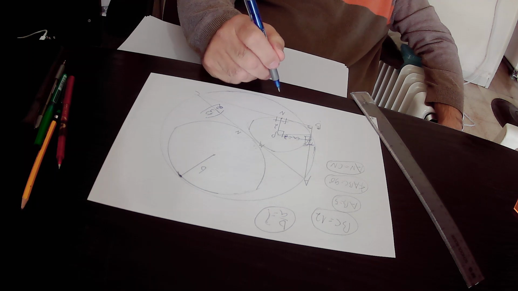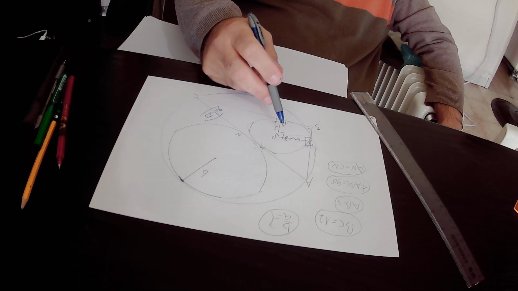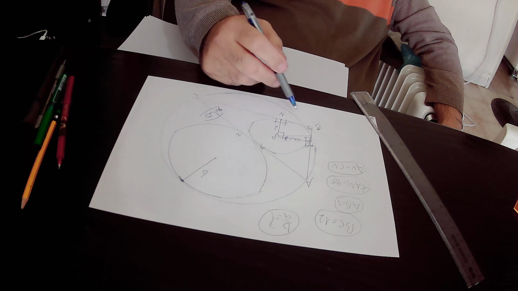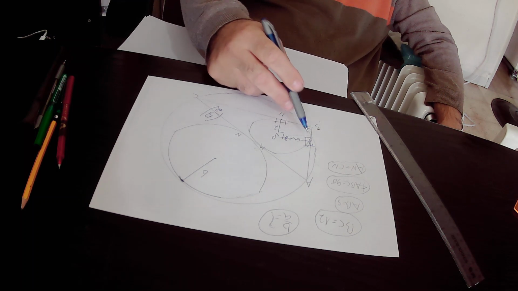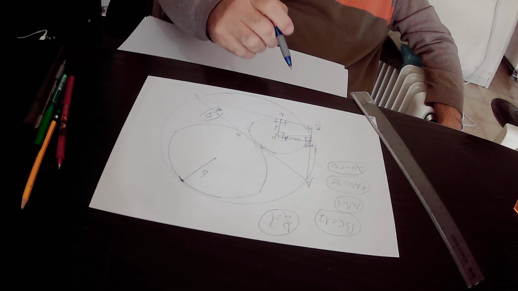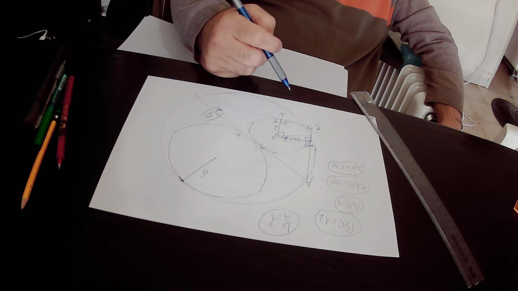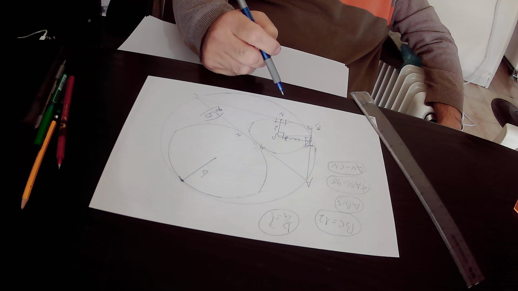So here, quadrilateral TPBN has 4 right angles, 1, 2, 3, 4. Any quadrilateral that has 4 right angles must be at least a rectangle if not a square. So we treat quadrilateral TBNP as a rectangle, and we know that the opposite sides of a rectangle are equal to each other.